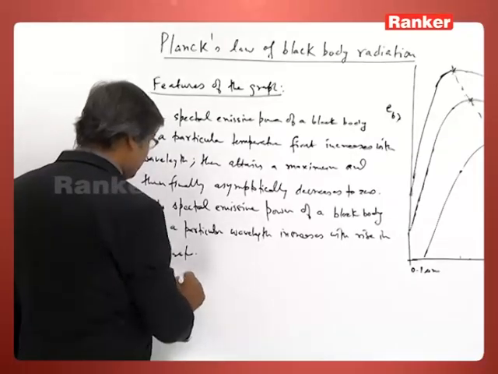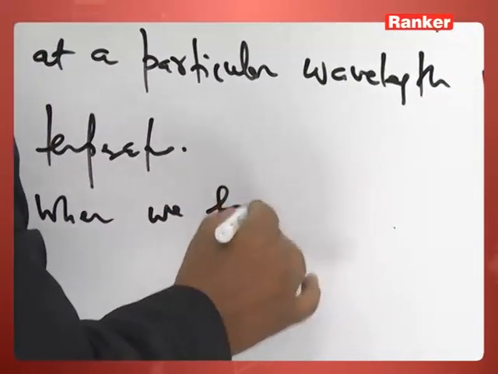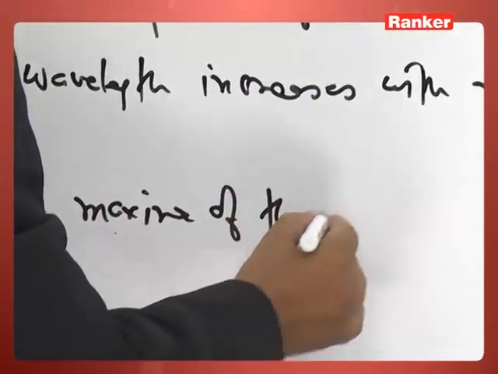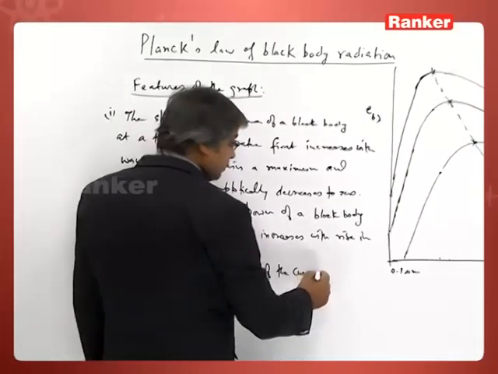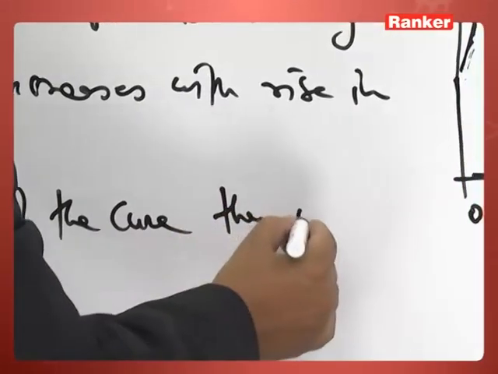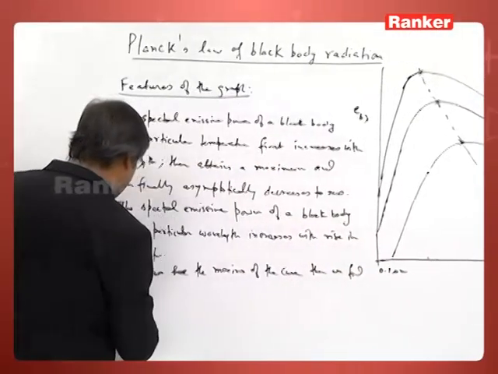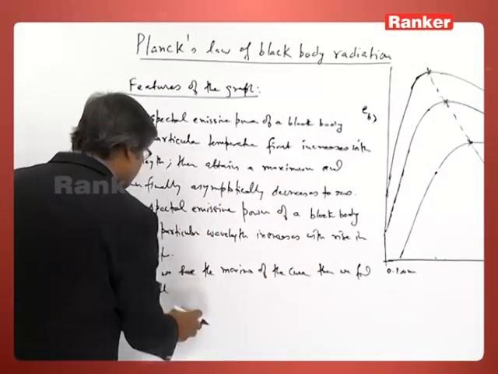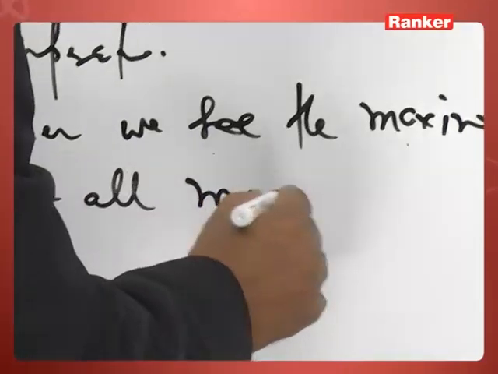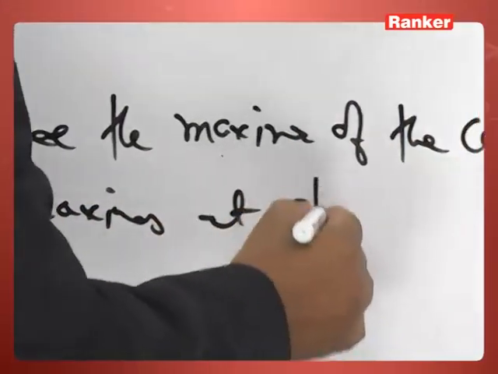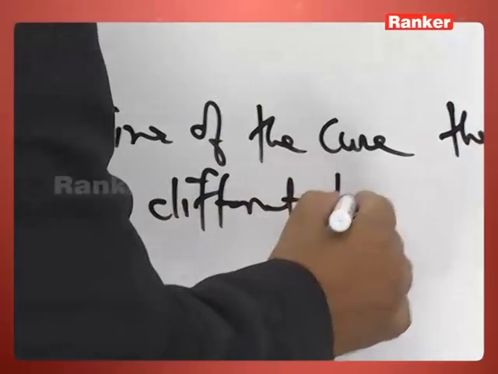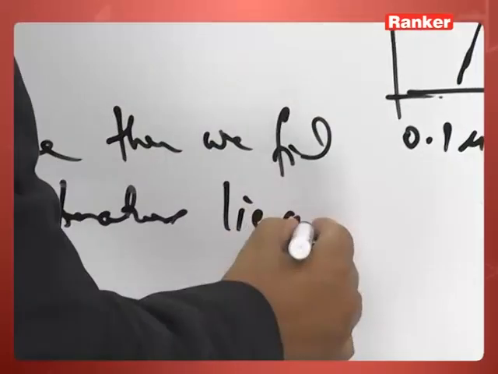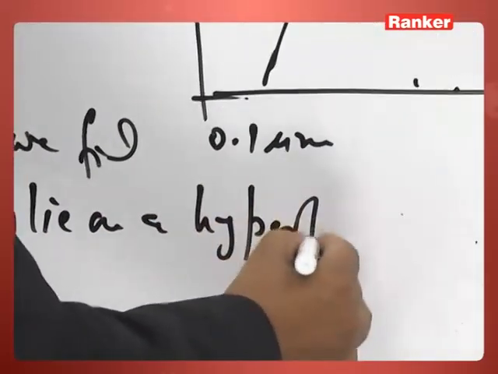So, when we see the maxima of the curve, then we find that all the maximas at different temperatures lie on a hyperbola.